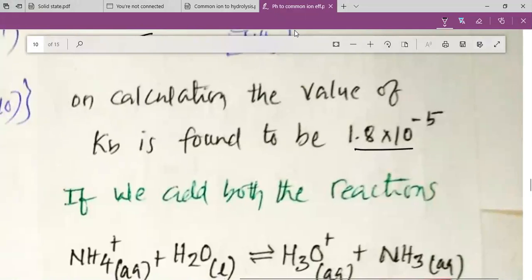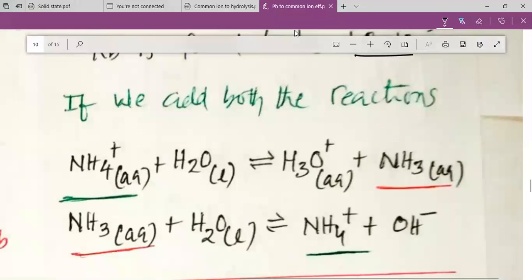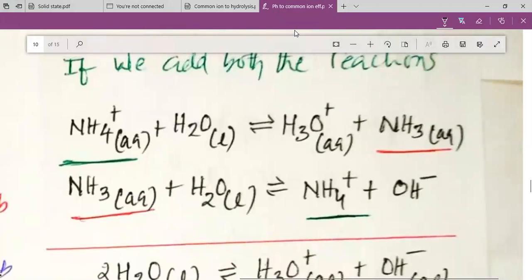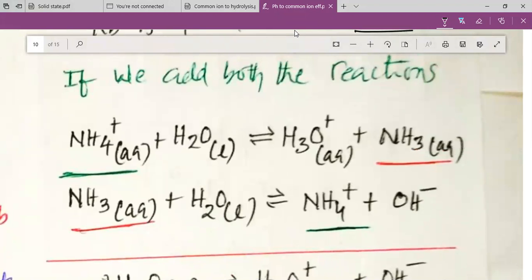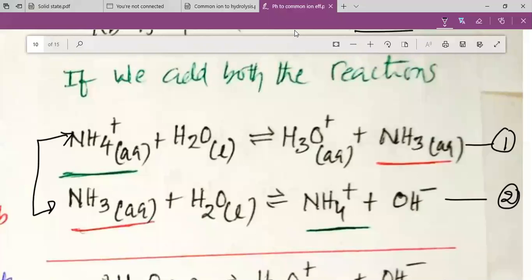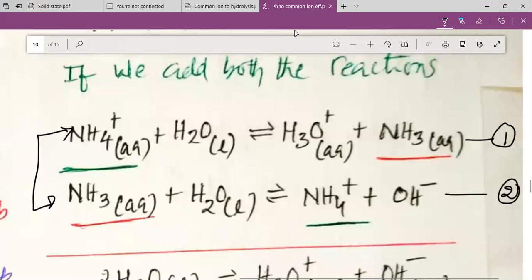So if we add both these reactions, reaction number 1 and reaction number 2, what happens here?